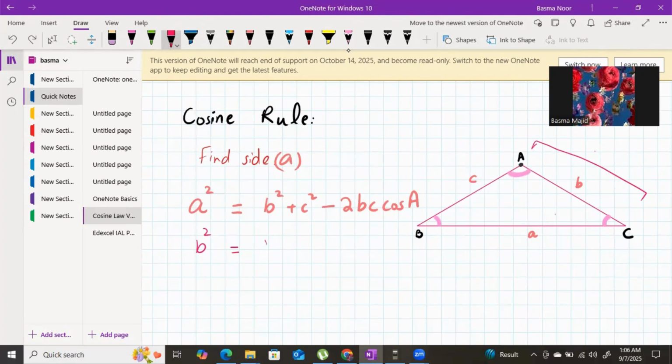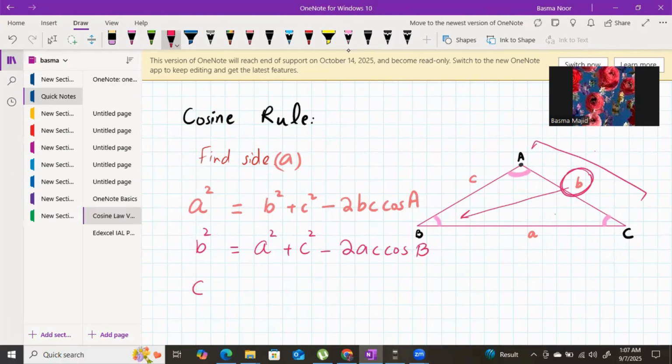So you write a squared plus c squared, and then minus 2 times the same sides other than b, which is ac, and then cosine of the angle opposite to the side you're finding. You're finding side b, so you use the angle opposite to side b, which is capital B, so the cosine of that angle.